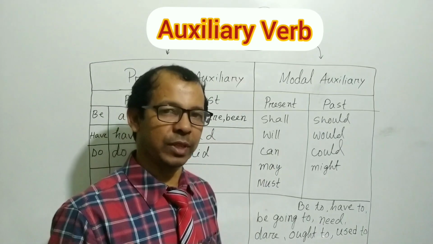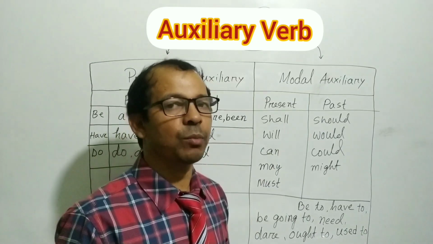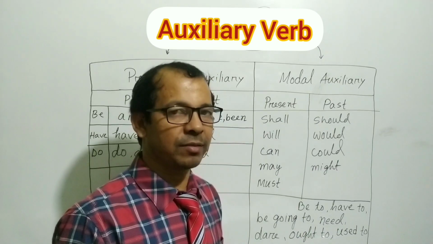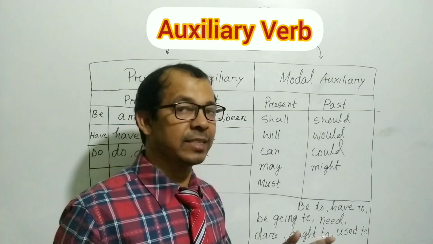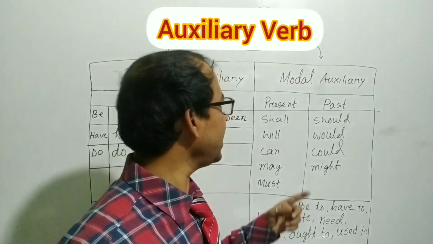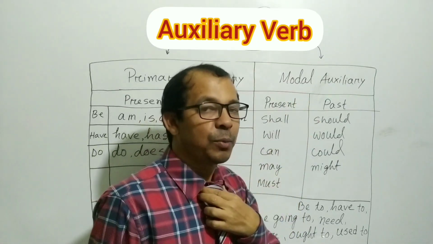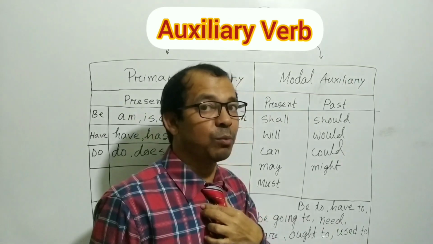Now, modal auxiliary. At first we have to know what is modal auxiliary. Modal auxiliary verb is a verb that can change our mood. That's why its name is modal auxiliary. That means it can change our mood.